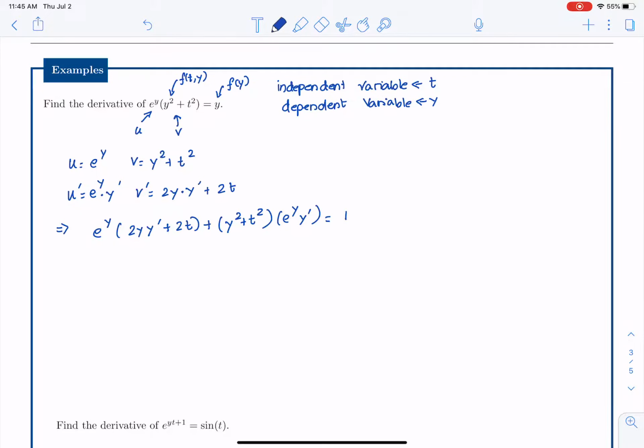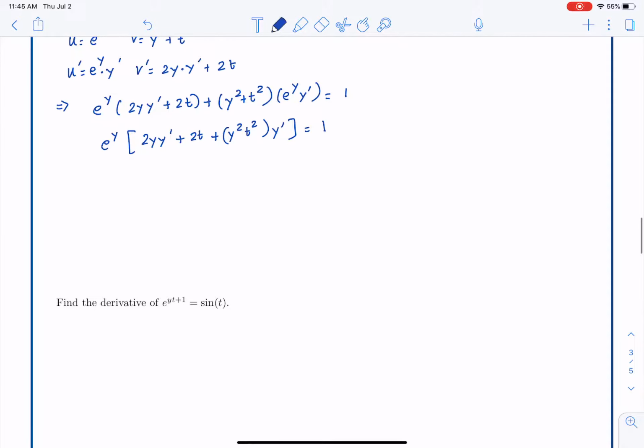We have e raised y in common, so if we pull that out, we have 2y y prime plus 2t plus y squared plus t squared times y prime equals 1. Divide by e raised y on both sides, 1 over e raised y is simply e raised negative y.